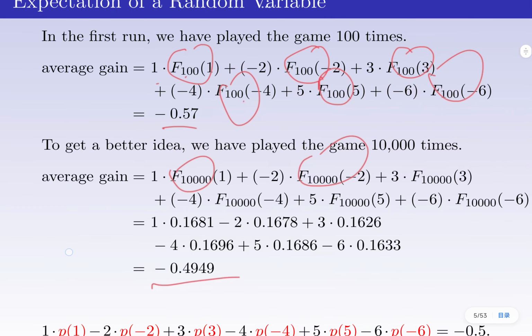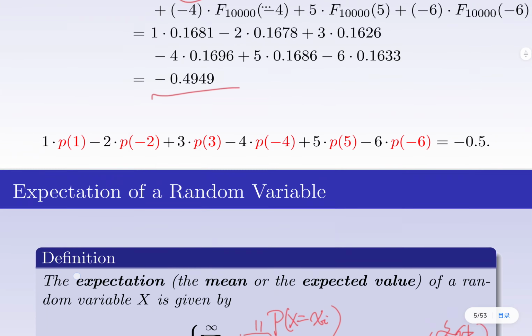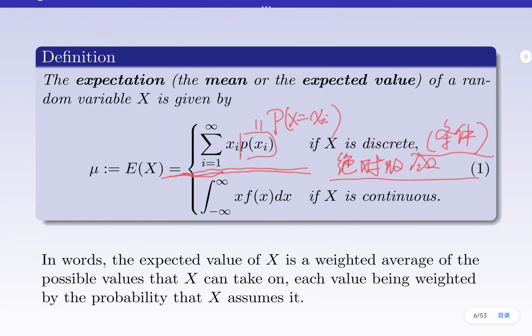There is something very easy to find, and this is the formula of the expectation of a random variable.